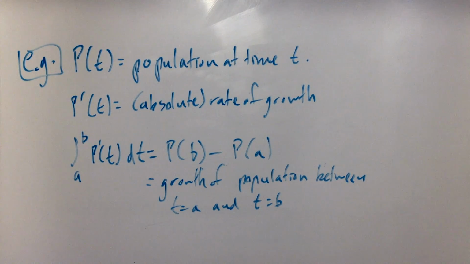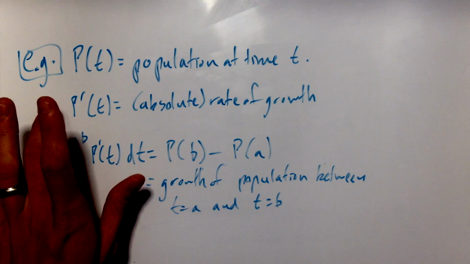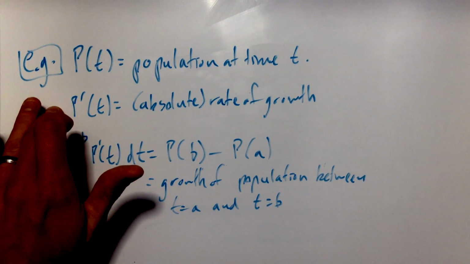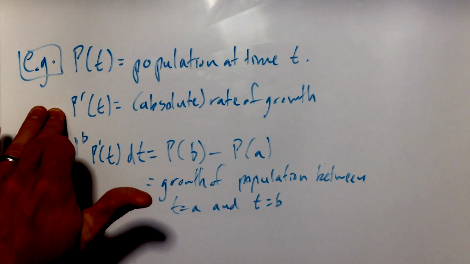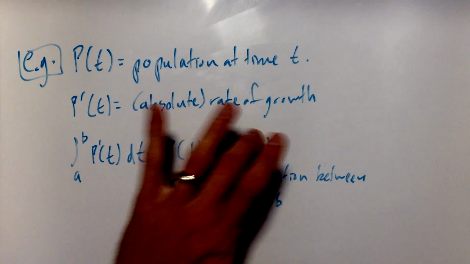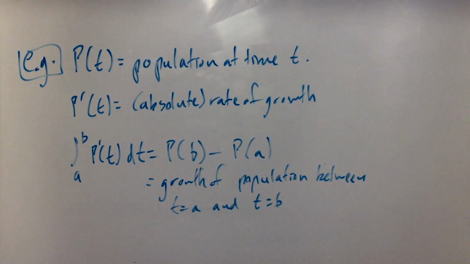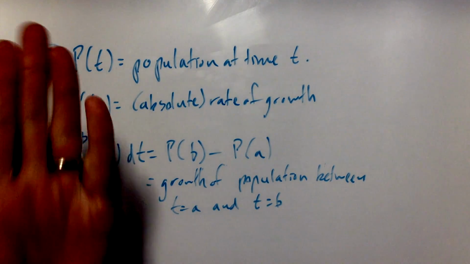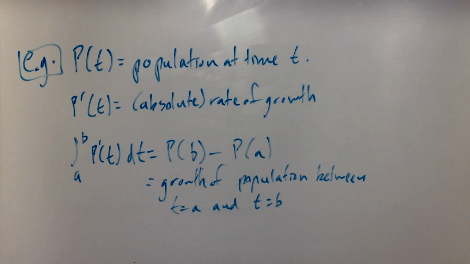The rate of growth takes both of these into account. It's just talking about the actual population. It's not just counting births and ignoring deaths or whatever. So this net change includes how many new people are there minus how many people have left.